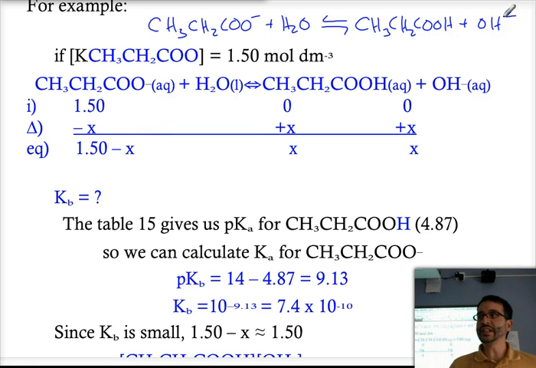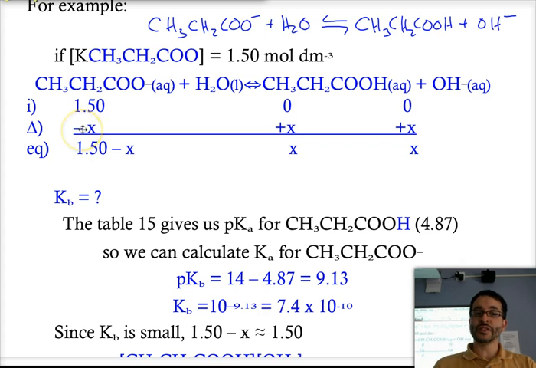Now, I haven't written it there, but you can see that the water is a pure liquid and the other ones are going to be aqueous in solution, and therefore they go into the equation of Kb, all right? But we are not going to include the water. We set up our concentrations. We put the concentration of the propanoate ion as being 1.5, and the concentration of the propanoic acid and the hydroxide ions being just 0.